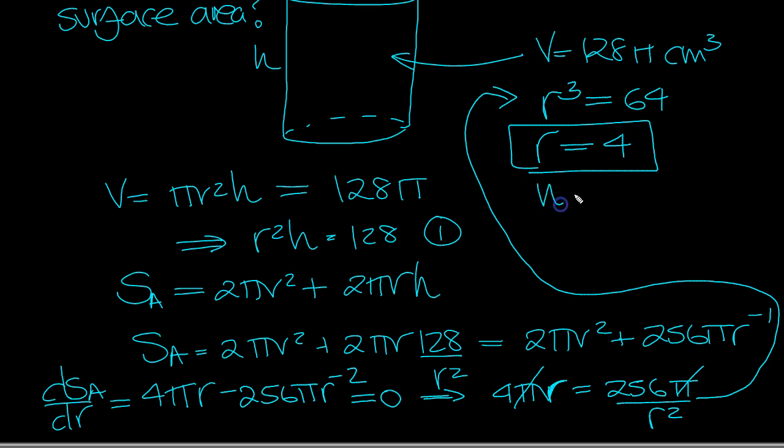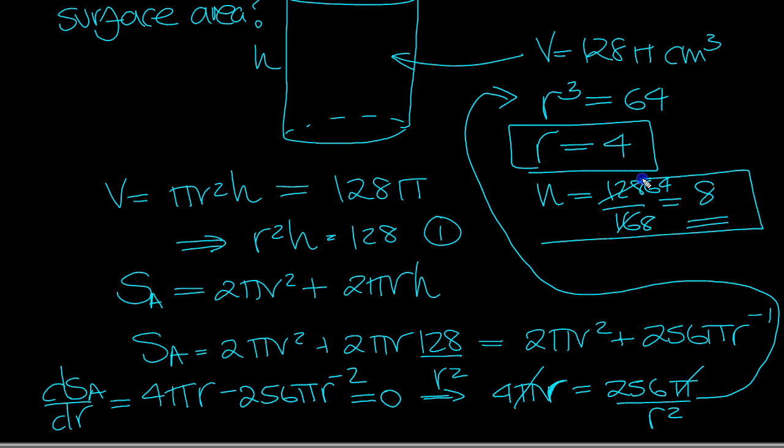h would be equal to 128 over r squared, which is 128 over 16, which is 8, isn't it? So h is 8, r is 4. Now, is that a minimum or a maximum?